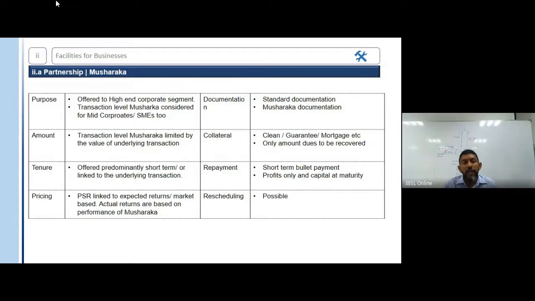So before getting into a Musharaka agreement, it is very important to determine how profit is defined. Profit defined at gross level, operating profit level, net profit level, EBIT, EBITDA, or whatever. That needs to be determined first.